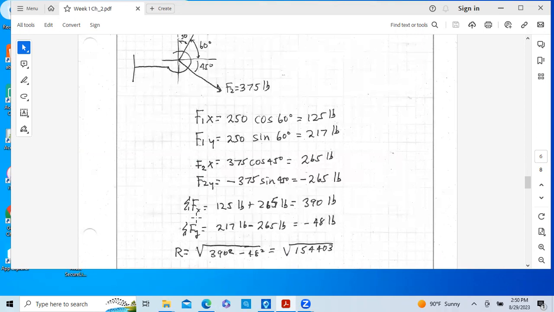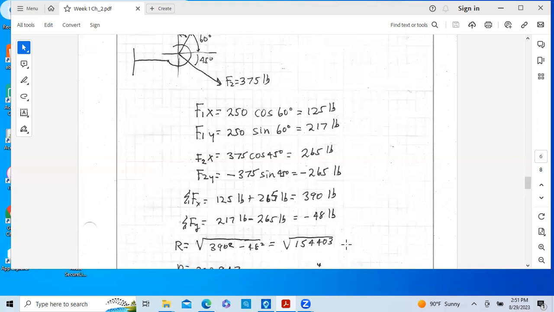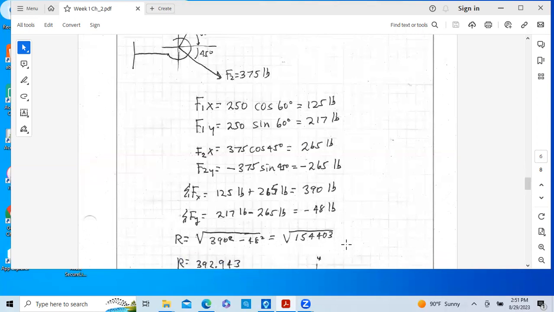Sum of forces in the x, 390 pounds, sum of forces in the y, minus 48 pounds. So the resultant, the square root of the forces in the x squared, which is 390 squared, and then we have plus minus 48 squared. Square root, there's a square root of 154,403.